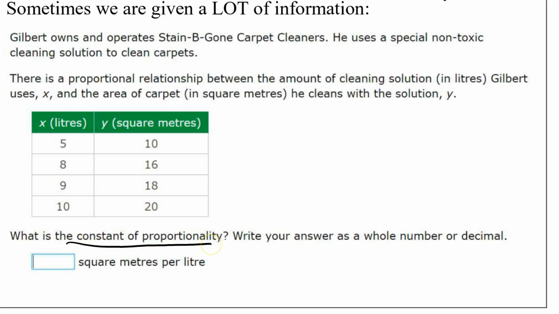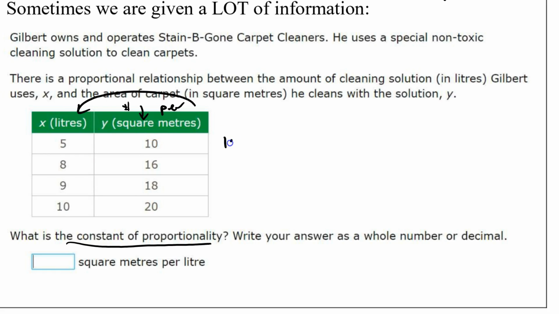When we say constant of proportionality, what's the number of this one per this one? So number of square meters that we can clean per liter. So if I look at this, 5 liters will clean 10.